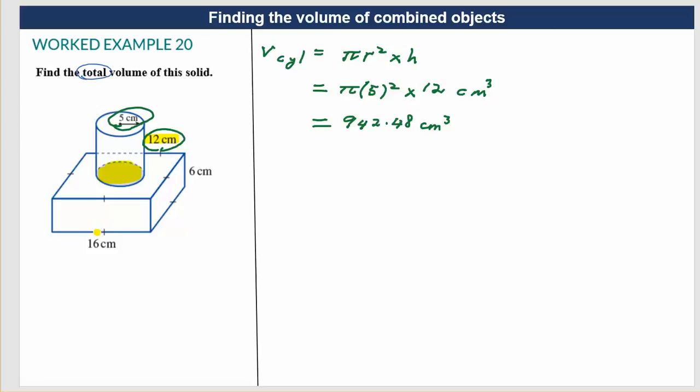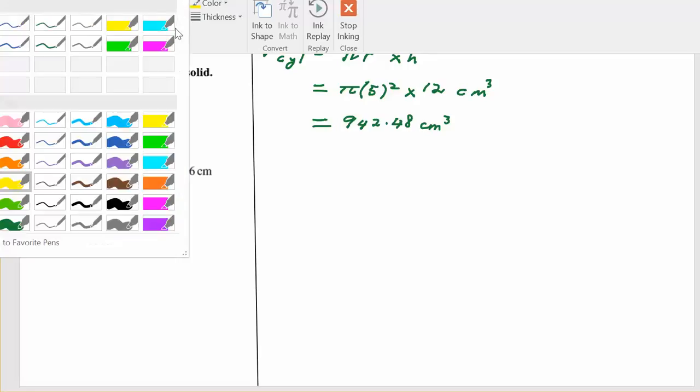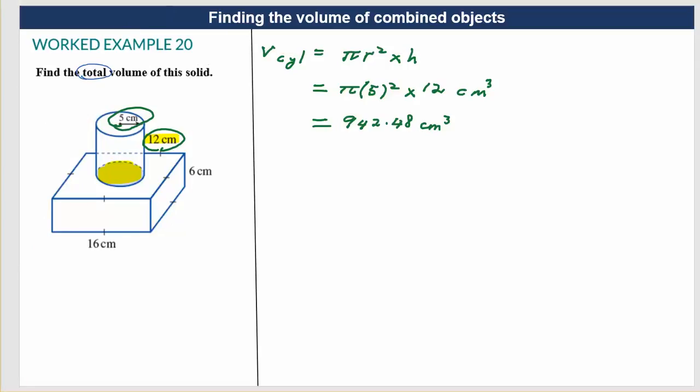Actually, what's the significance of these little, let me highlight that again. You see these little, what we call tick marks. What's the significance of that? I'll use green. There's one there, one there. So hopefully you might recognise that and say, well, what they're saying is those lengths are all the same.